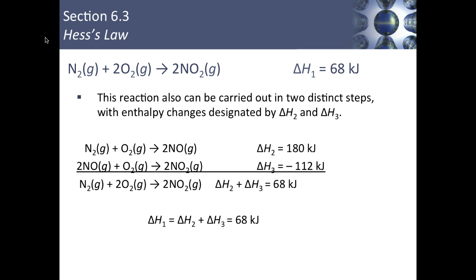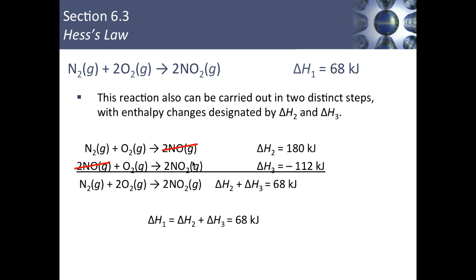In the process, you notice we have that change. We have 180 kilojoules needed for the reaction between nitrogen and oxygen to happen. And then we have 112 kilojoules released when we actually form the 2 nitrogen dioxide. When we add these two enthalpy changes together, we get 68 kilojoules, which is the same thing that we started off with.